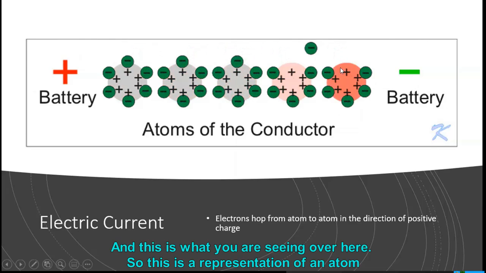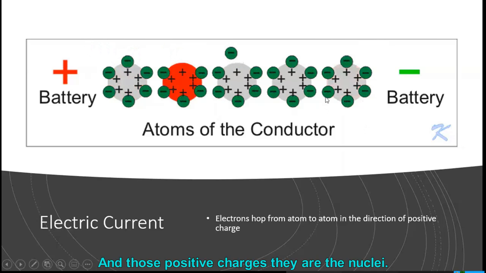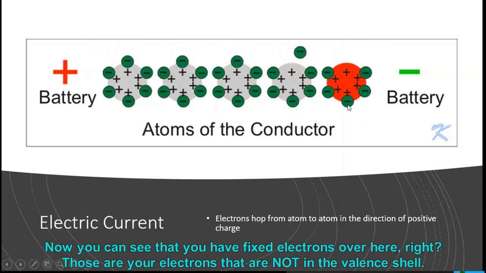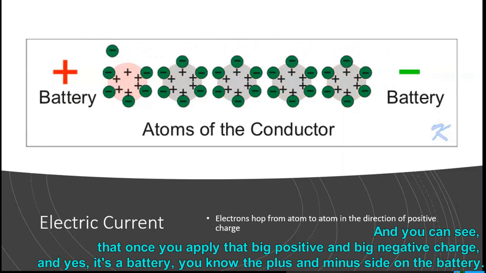So this is a representation of an atom, and those positive charges, they're basically your protons. Okay? Now you can see that you have fixed electrons over here, right? Those are your electrons that are not in the valence shell, right? And you can see that once you apply this big positive and big negative charge, and yes, it's a battery, you know, the plus and minus side on the battery.